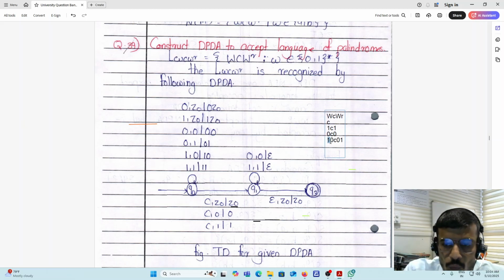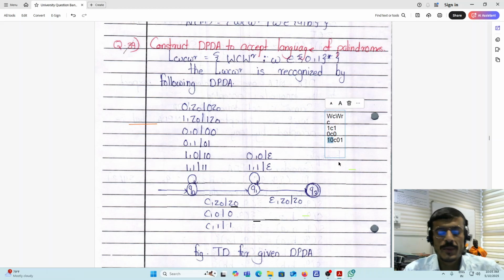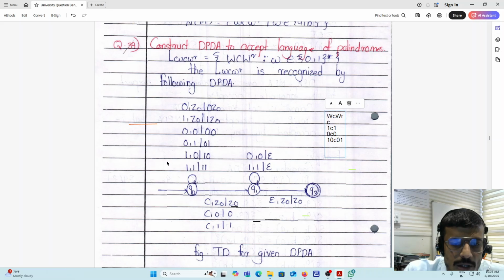Okay, so that 10 has to be pushed, then C should be read, and 01 should be pop operation. So initially what will happen? The symbol 1, so you can see here, we will go through this.